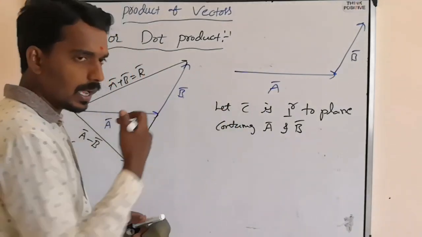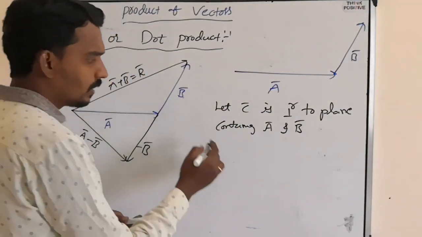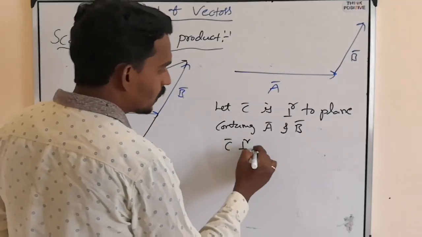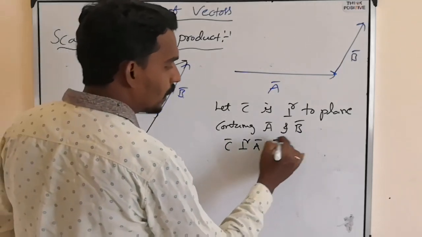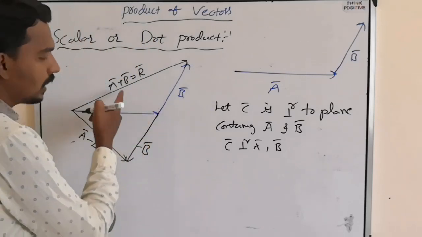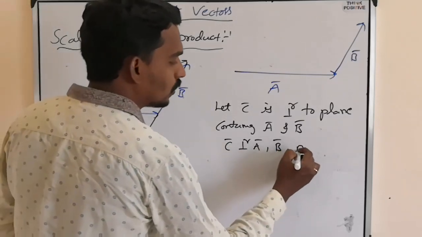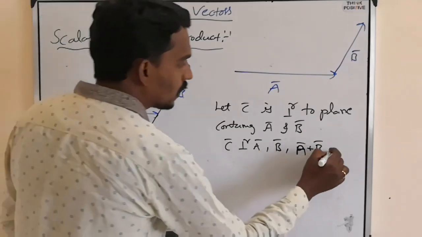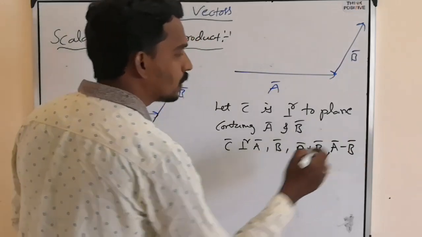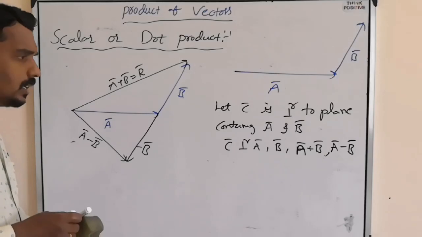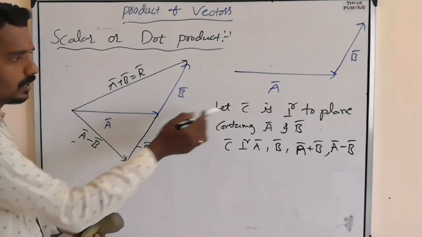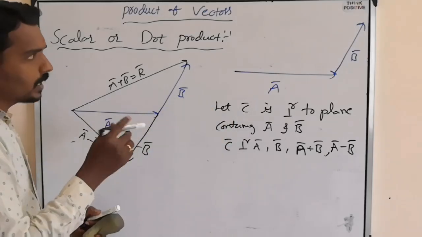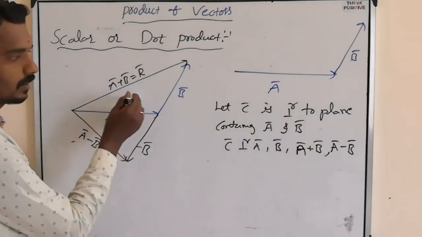That means C bar is along Z, suppose. Then C bar is perpendicular to A bar, perpendicular to B bar, as well as perpendicular to A bar plus B bar, as well as perpendicular to A bar minus B bar. Because here C bar is perpendicular to this plane, anywhere.